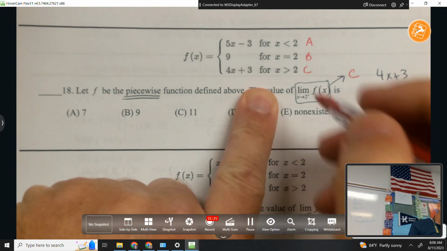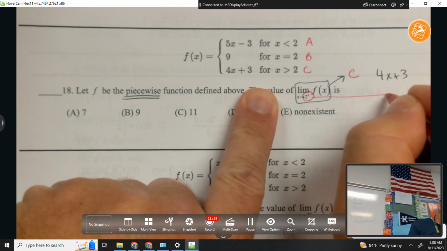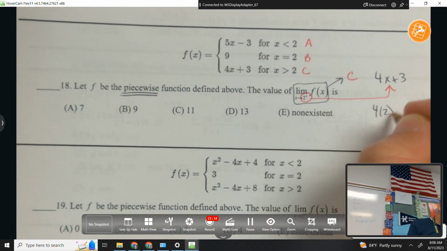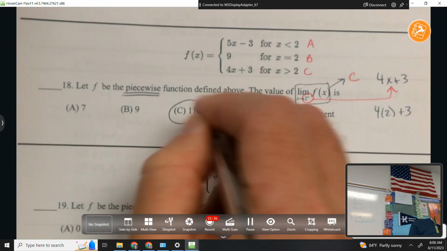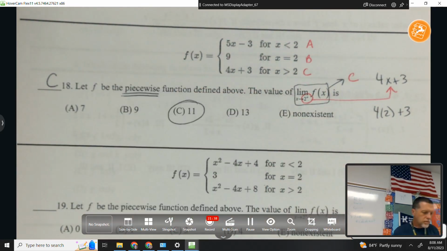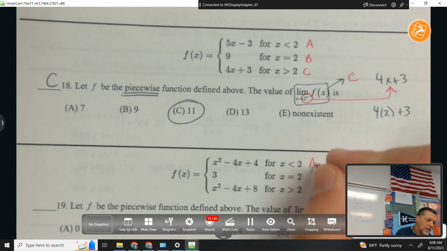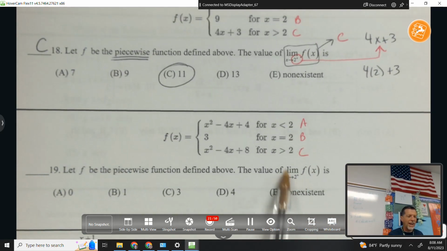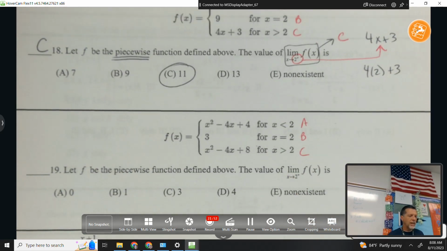So it's still a substitution problem, but you have to know where to substitute. 4 times 2 plus 3, 8 plus 3 is 11. Number 19, pretty similar. You got 3 branches. You're at 2, but which 2 are you at? A, B, or C? Plug it in and find out.